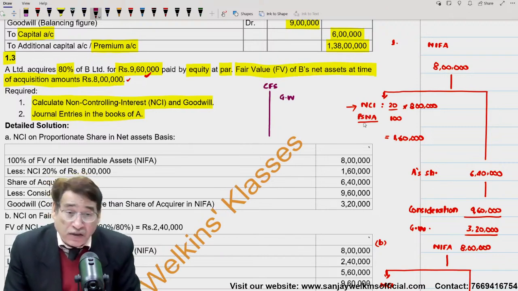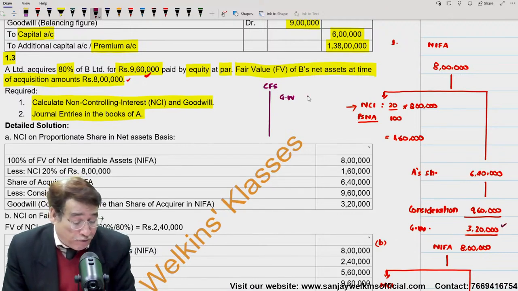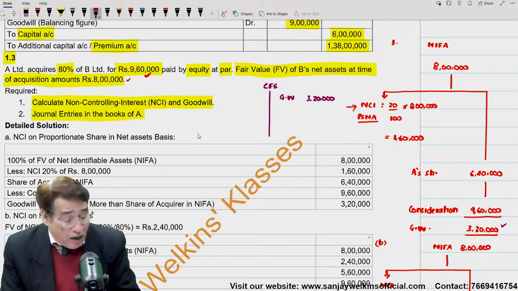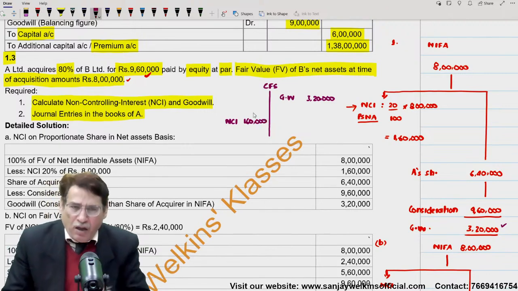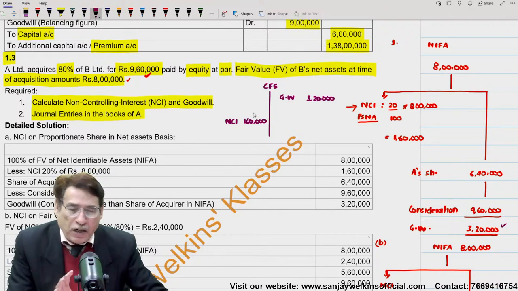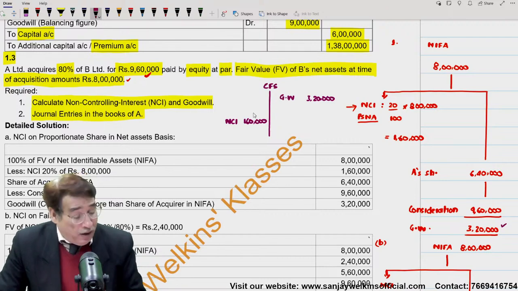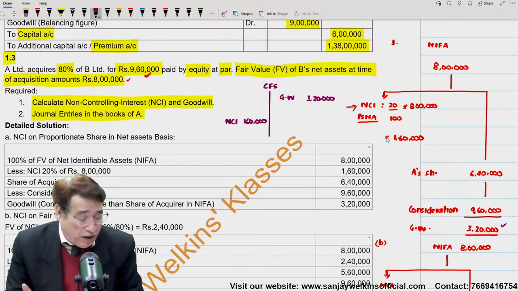Obviously the goodwill is 3,20,000, and I am going to reflect it here. The NCI share is 1,60,000, reflected on the liability side. However, it is written under other equity as a separate line item. I do not want to confuse you at this moment. Simply focus on the fact that whatever goodwill we got, we are ultimately going to reflect it in the consolidated financial statement, and the NCI share will also be reflected.